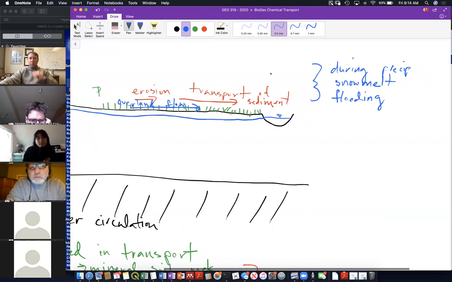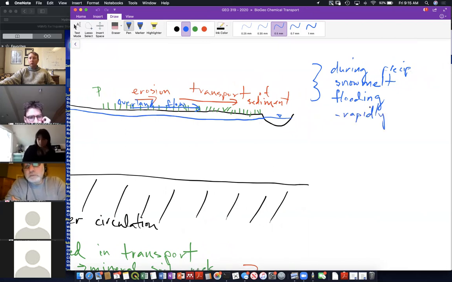One thing that's important that I want us to think about is how rapidly these occur. This happens rapidly, and it's of short duration.